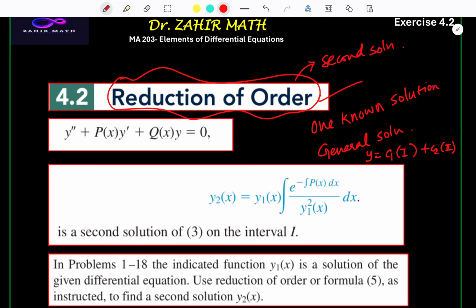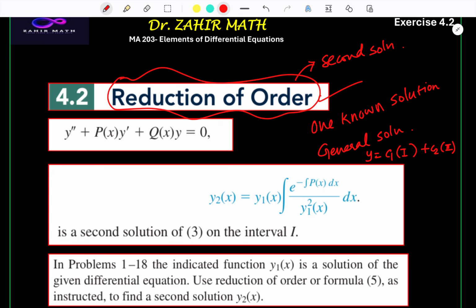Otherwise, no. This method is especially useful when other techniques, for example, method of undetermined coefficients, which we saw in the earlier exercise, how to find the particular solution, how to find the complementary solution, everything we've studied using method of undetermined coefficients, will not help you to find the second solution.